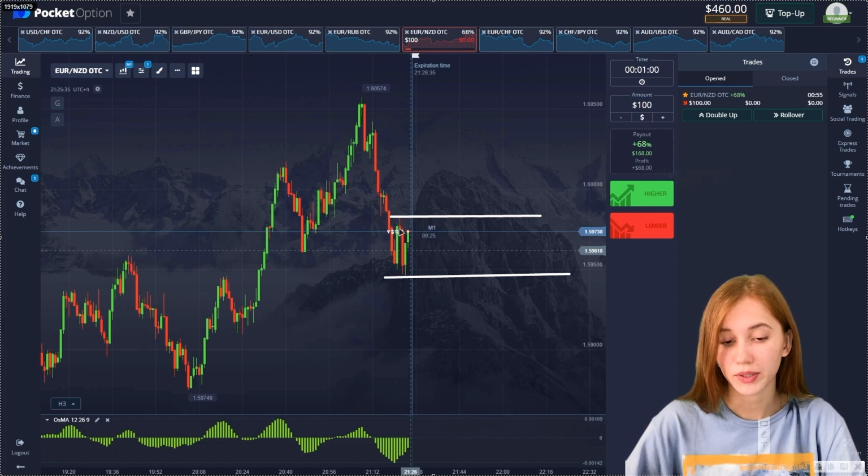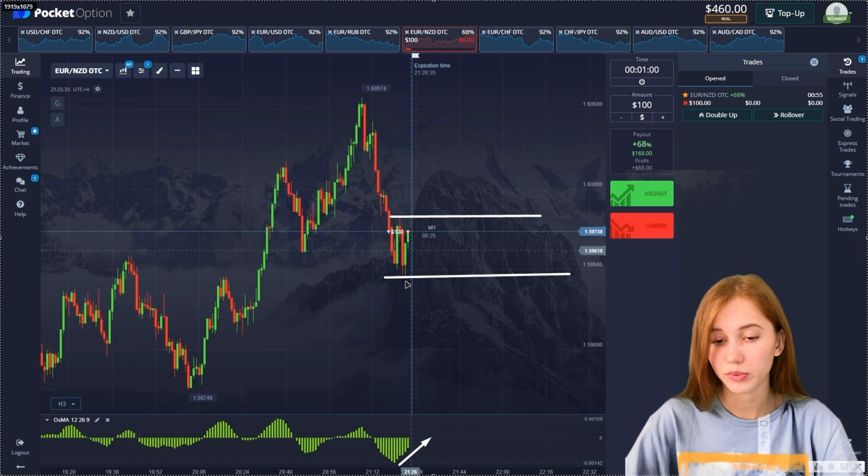Here a rollback will happen at this level. Also, according to the indicator, I think there will be a change in trend. And the trend will go up with minor adjustments.